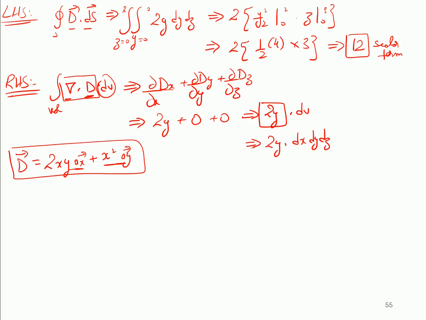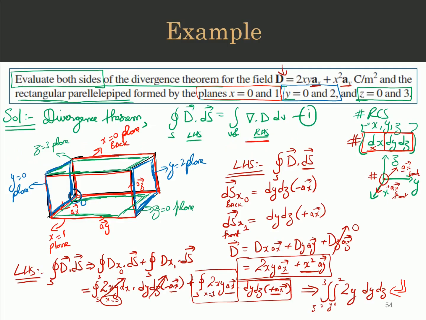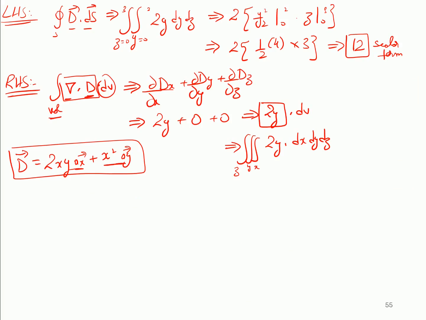It will be a triple integral because it's a volume integral, for x, y and z, with limits from 0 to 1, 0 to 2, and from 0 to 3.